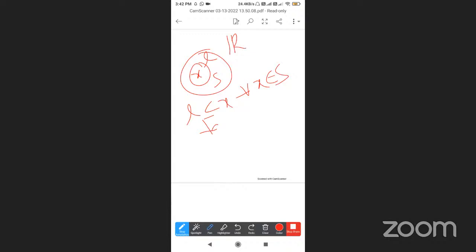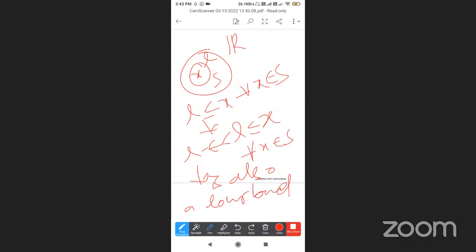Then L is called the greatest lower bound, denoted by the infimum of S.